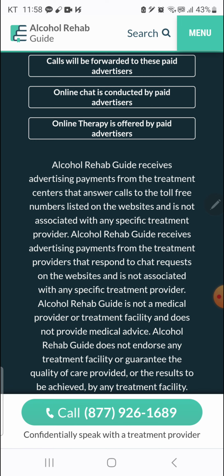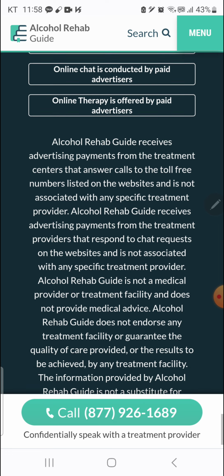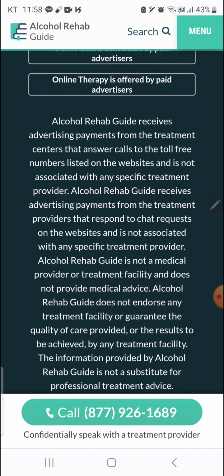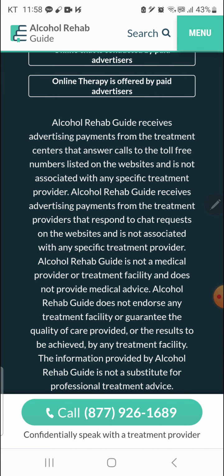Alcohol Rehab Guide is not a medical provider or treatment facility and does not provide medical advice. Alcohol Rehab Guide does not endorse any treatment facility or guarantee the quality of care provided or the results to be achieved by any treatment facility.